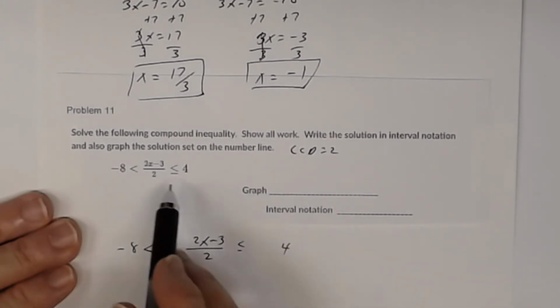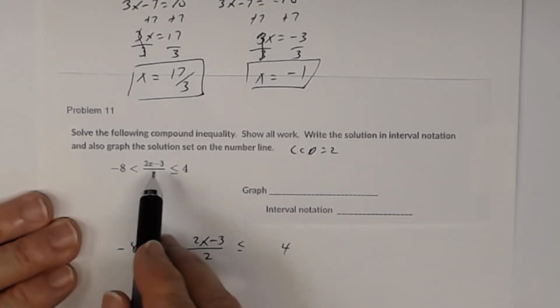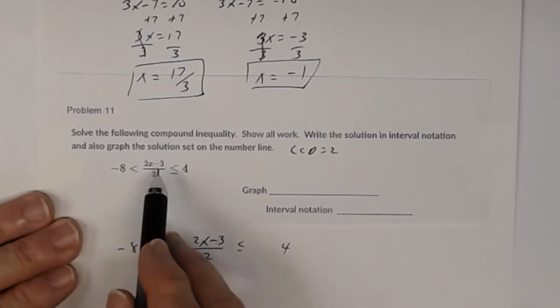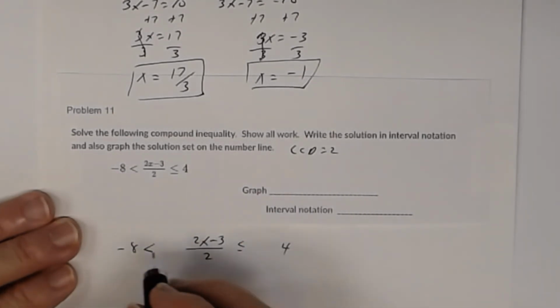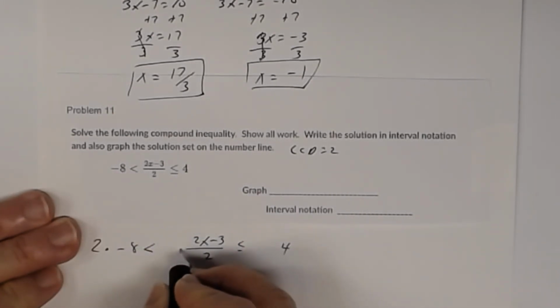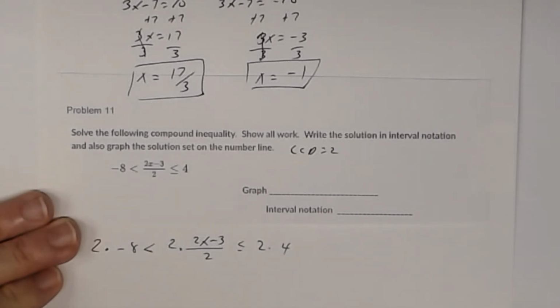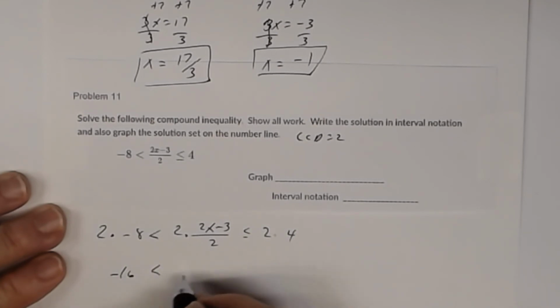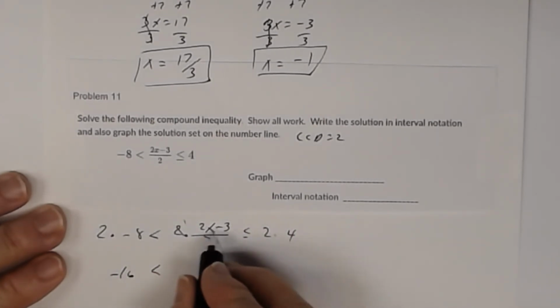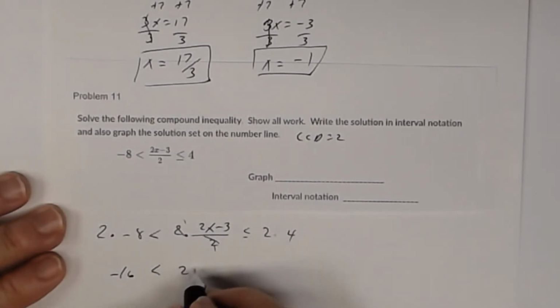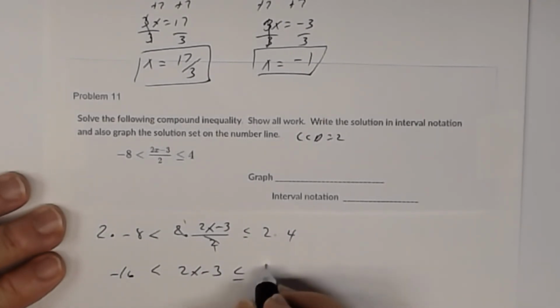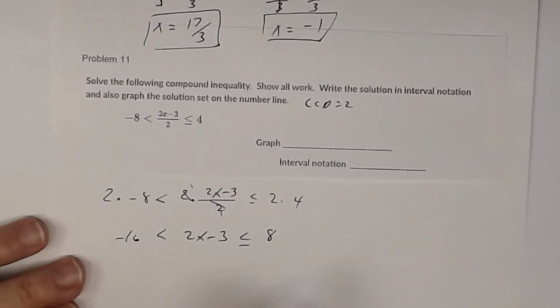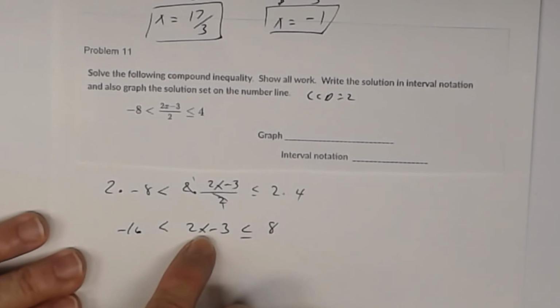Remember, you want to clear that fraction, so you can multiply all parts by the LCD, which is 2. So you can say times 2, times 2, times 2. And then 2 times negative 8 is negative 16 is less than, these 2's divide out, so you get 2x minus 3 is less than or equal to 2 times 4, which is 8. And then all you have to do now is get the variable in the middle by itself.